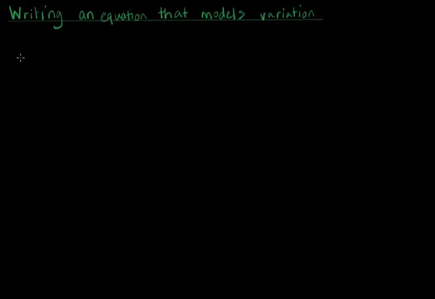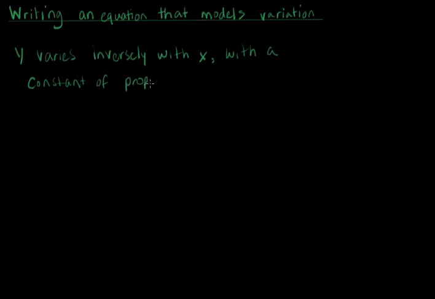Our example is: y varies inversely with x with a constant of proportionality k equals 2.